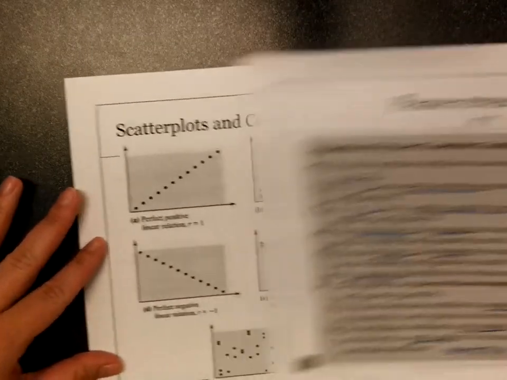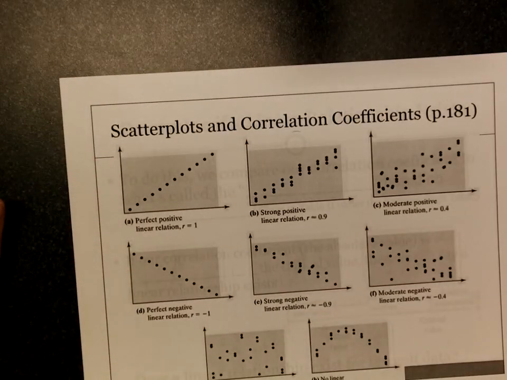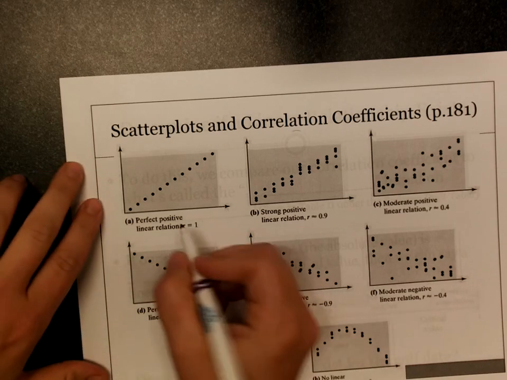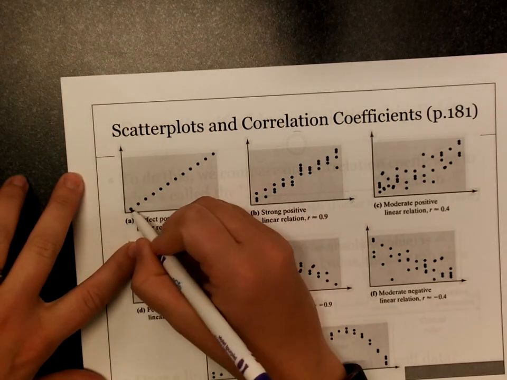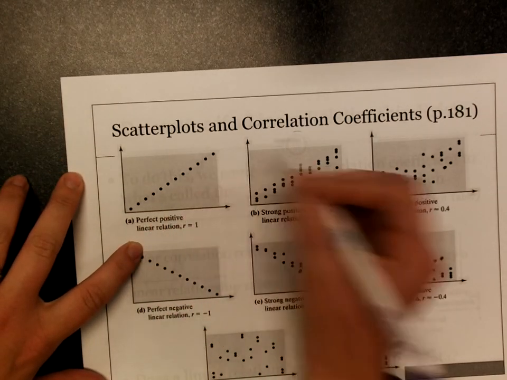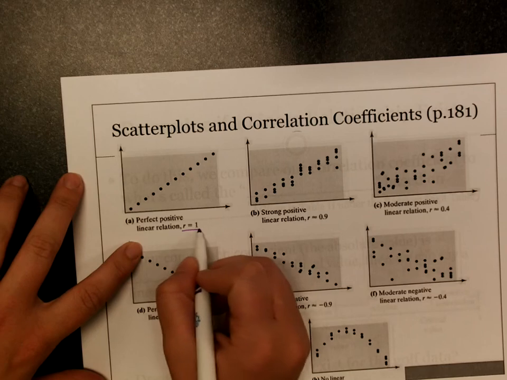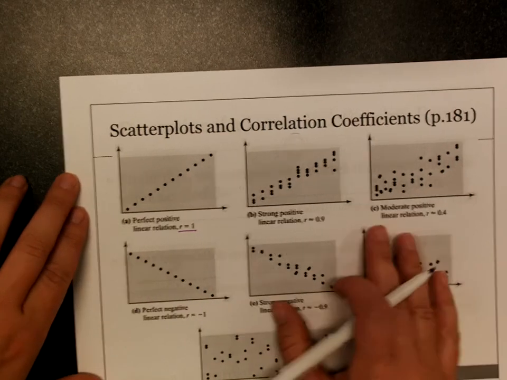So the next slide, I have a lot of scatter plots with different levels of correlation. So we have a perfect positive linear relationship. Every single scatter plot dot is exactly lined up. That's when R is exactly positive 1.